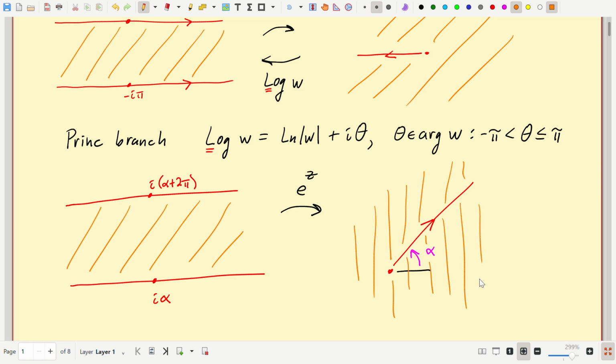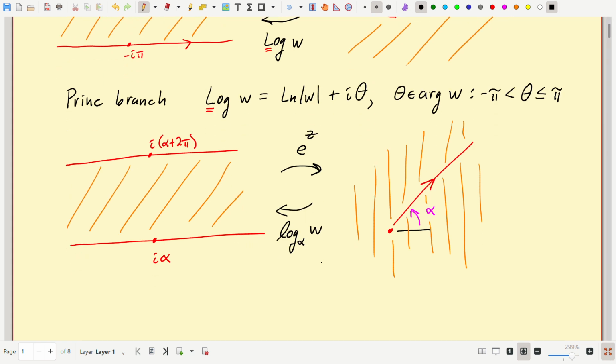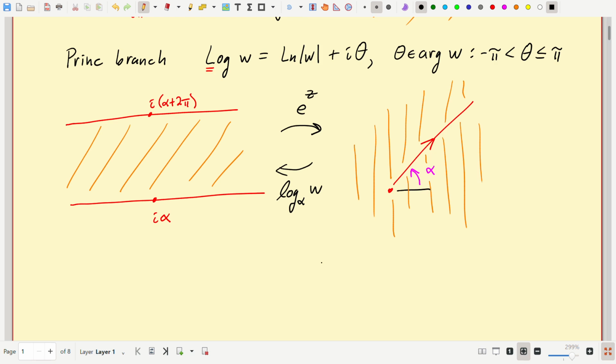I like to use a script L here, log sub alpha of w. That's a branch, and it's exactly the same as the principal branch, except we don't care what happens when there's a tug of war. We write log alpha of w.